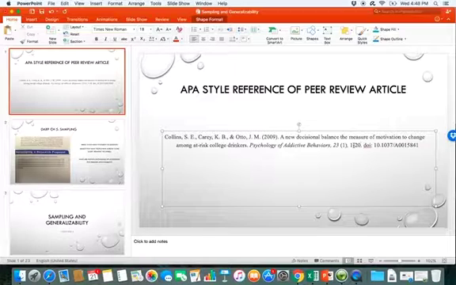You would put in parentheses the issue, followed by the page numbers, okay, as I've shown here. Since that's actually not the case, you can just leave it with the volume, followed by page numbers, there's a comma. And then the last piece after that period, after the page number, is called a DOI.